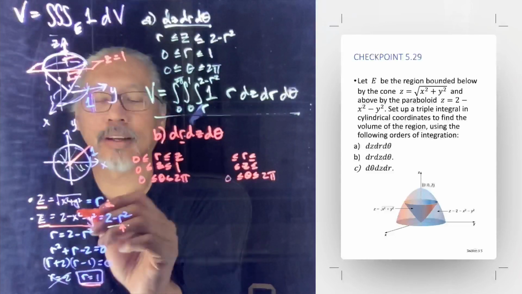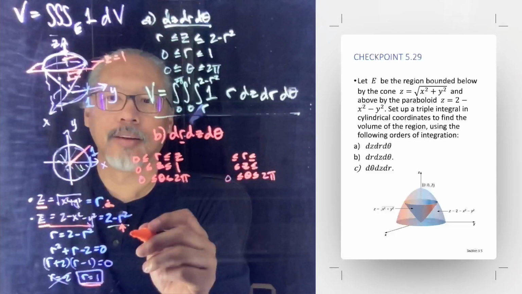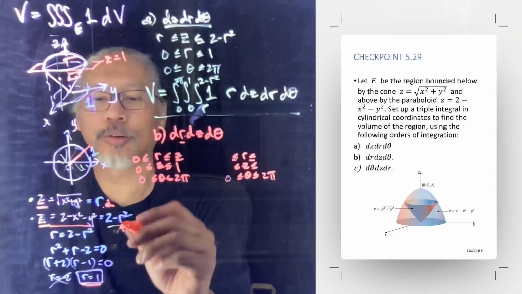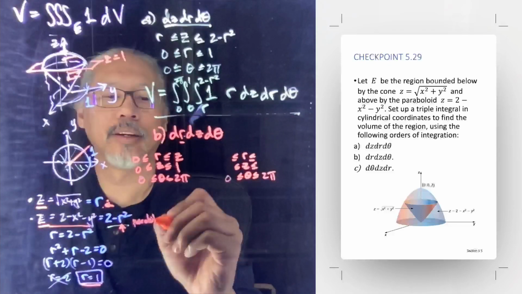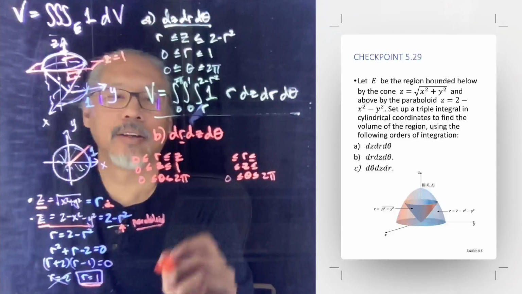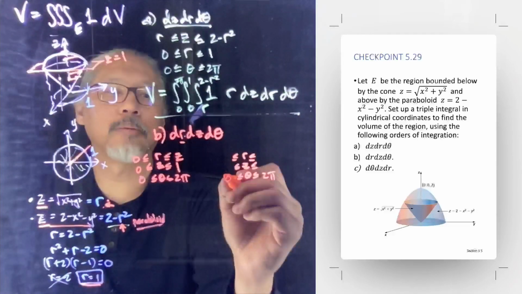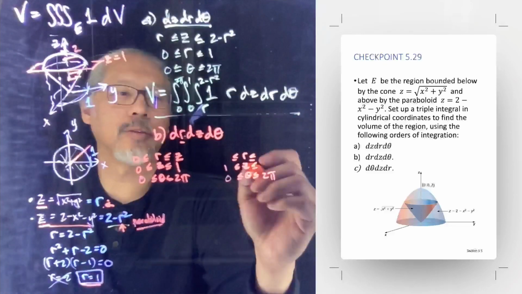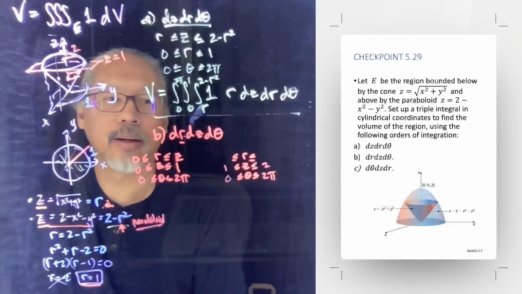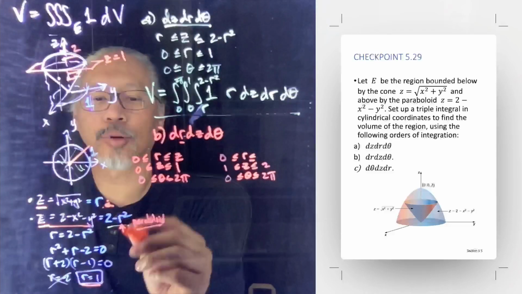I was wondering why it didn't have a square root here. So this is a paraboloid. So now your z is going to go from 1 until we hit the top of this paraboloid, which is going to be 2. And then your r is going to go from 0 to the edge of the paraboloid.